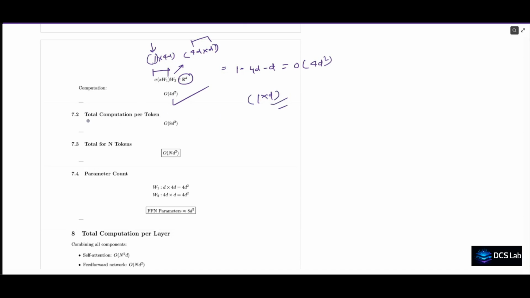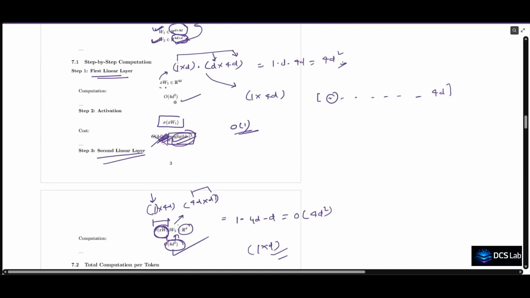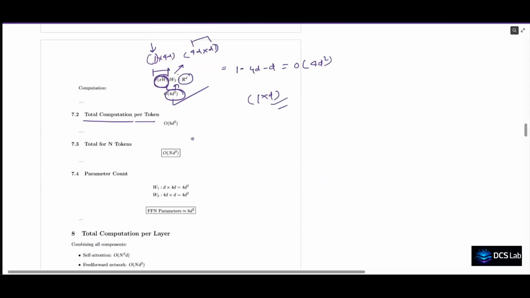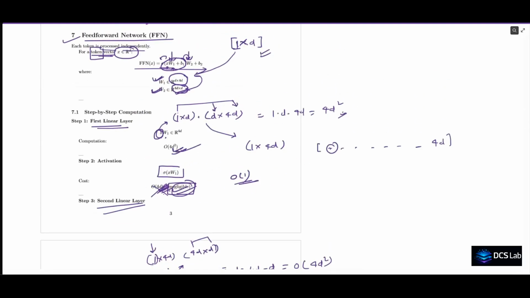Now, what was the total computation per token? We see that the multiplication of this part with this part took 4D square, and this part itself took us 4D square above, right? So for one token, remember we have taken only one X, one input token, it took us 8D square, because 4D square for this and 4D square for this. Why?